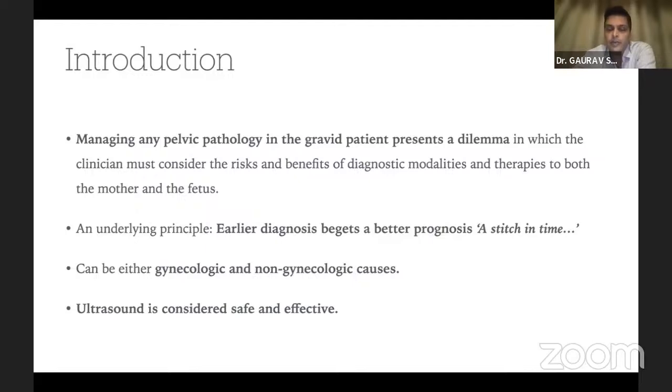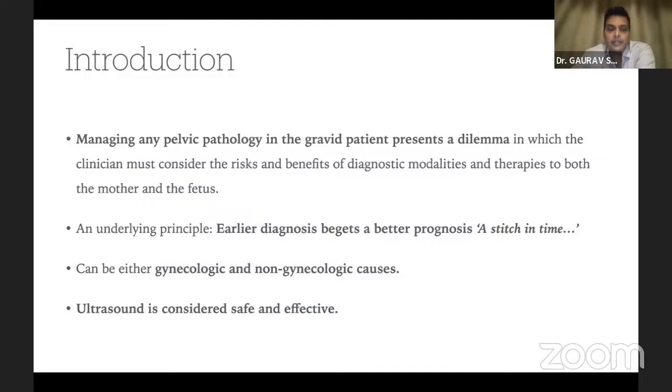And it's always bothering her throughout those 9 months. So one of the dilemmas is what to do. And if one has to diagnose or evaluate it, which diagnostic modality should one use, and for the therapeutic procedure, if it is done, when should it be done? And will it pose any harmful effects for the mother as well as the fetus?